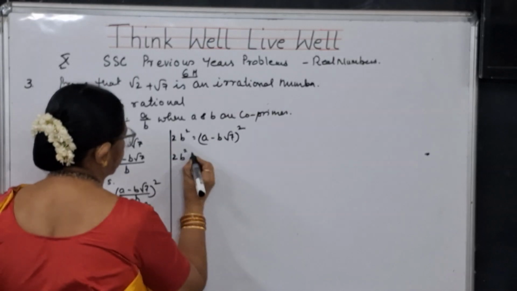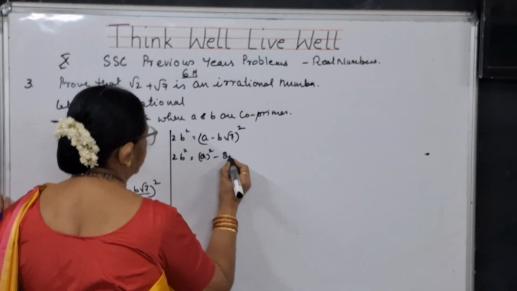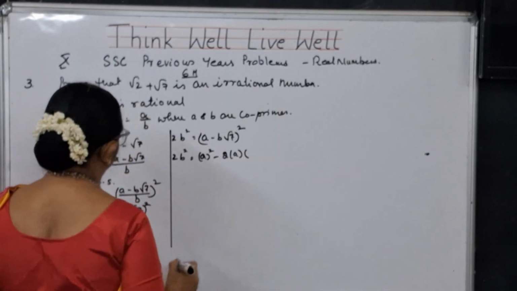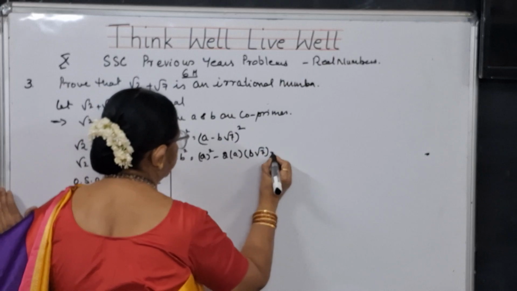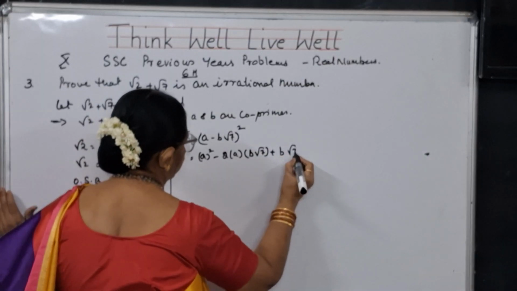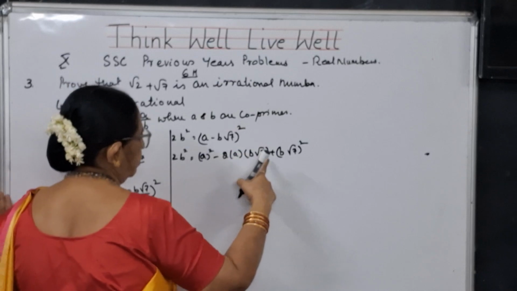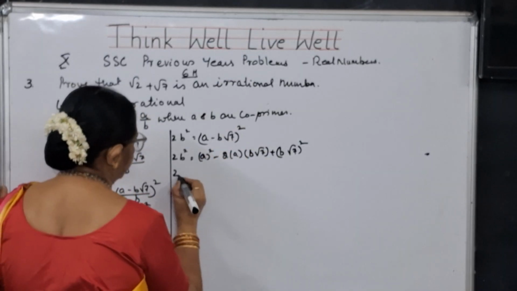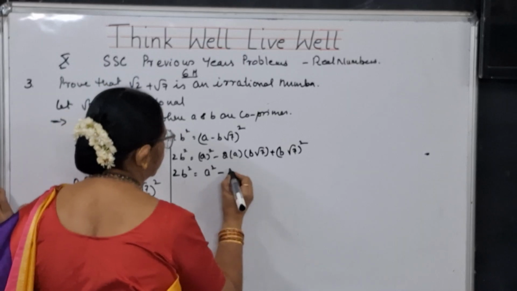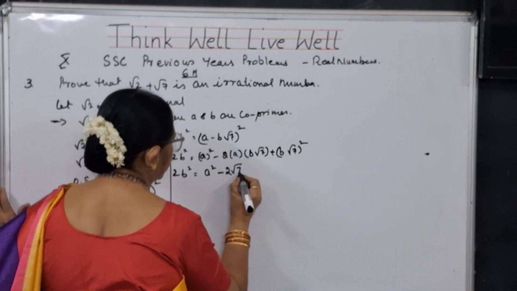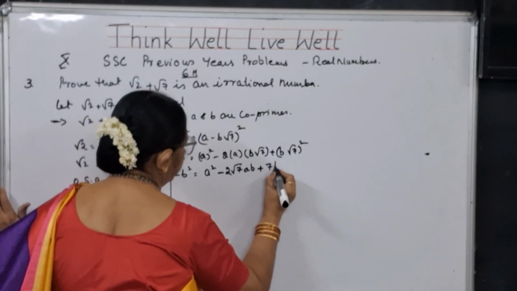That means 2b square is equal to a square minus 2 into a into b root 7 plus b root 7 whole square. That means 2b square is equal to a square minus 2 root 7 ab plus 7b square.